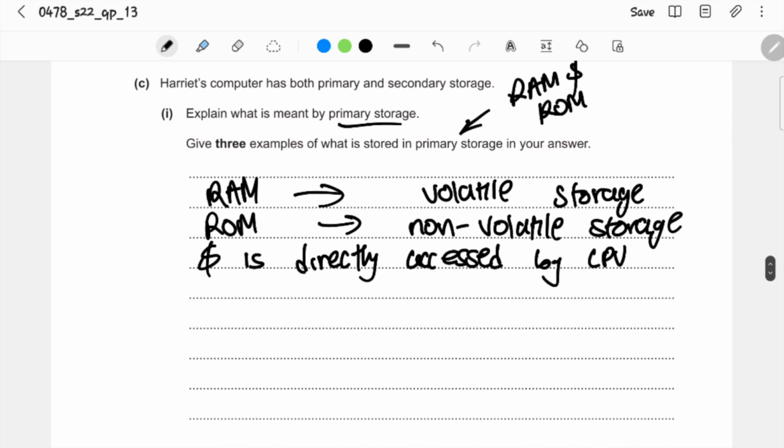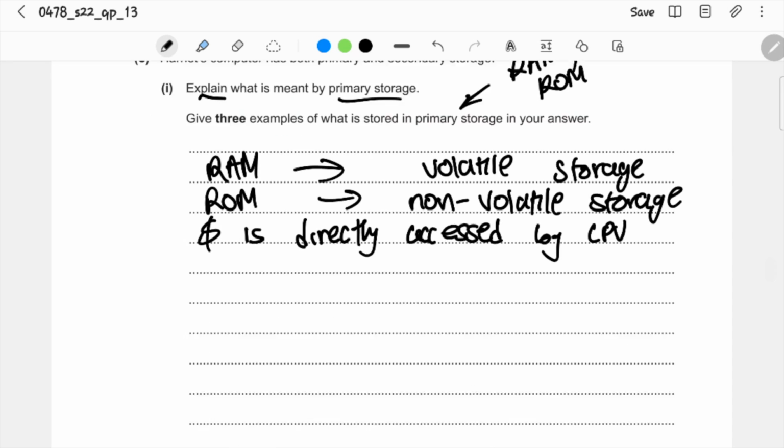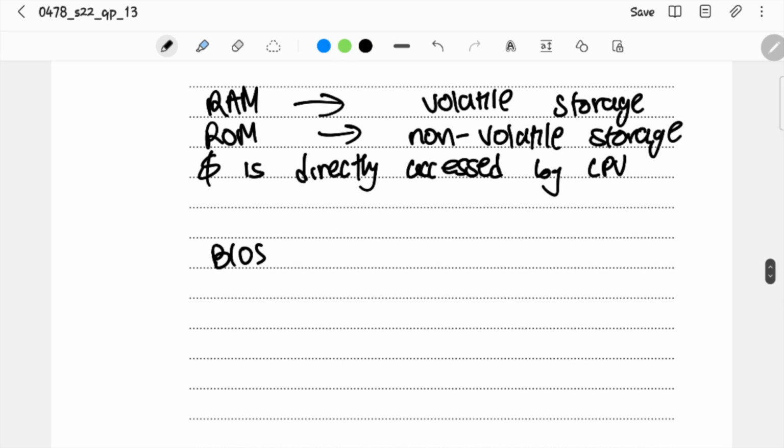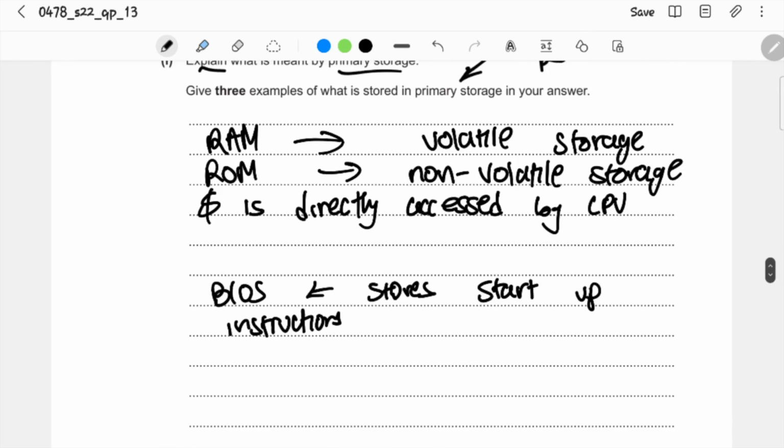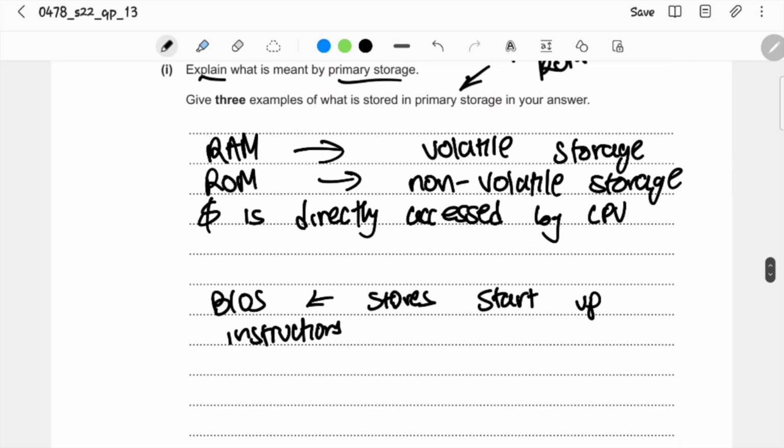They didn't even tell us to explain. Oh, okay, no, it is telling us to explain. Then you can say BIOS, which simply stores startup instructions. So that's 3 examples, right?